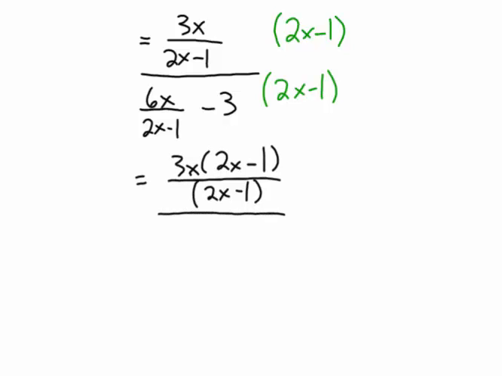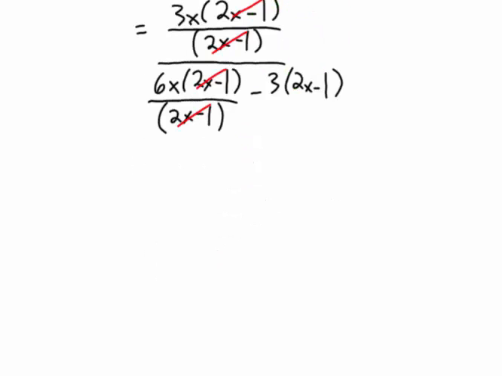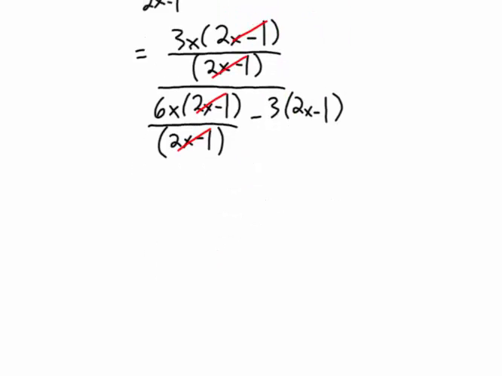That'll all be over, if we multiply both things by 2x minus 1, the first term will eliminate that fraction, and we get minus 2x minus 1. Again, as long as we do the same to both numerator and denominator, a bunch of stuff is going to disappear. And what we'll be left with in the numerator is just 3x.